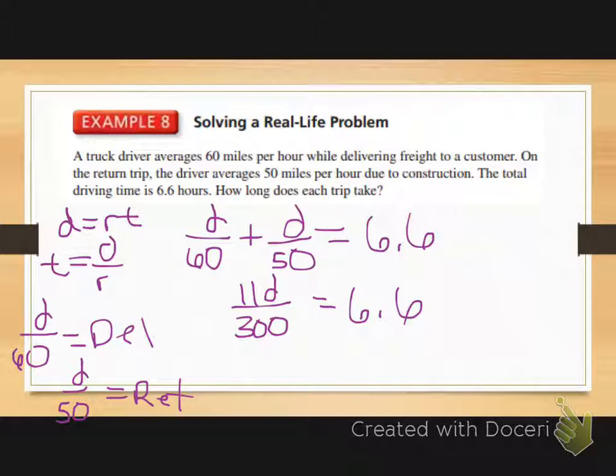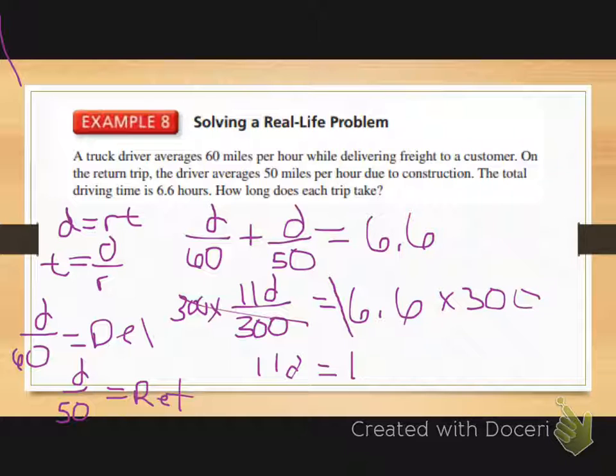If you remember how to get rid of this, we multiply by 300 to get rid of that 300 down there, and we get 11D equal to 1,980. And then we divide by 11, and we will find that our final answer is that the distance was 180 miles.